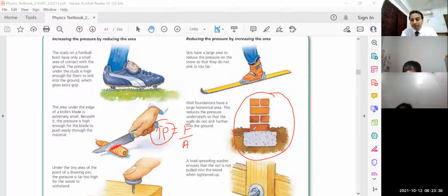Foundation very strong means this is the base or the foundation, children. The foundation is kept very wide, its area is kept very large, and on that foundation the pillars and bricks are put. Even if in the picture it looks very small, it's a very wide area, children.